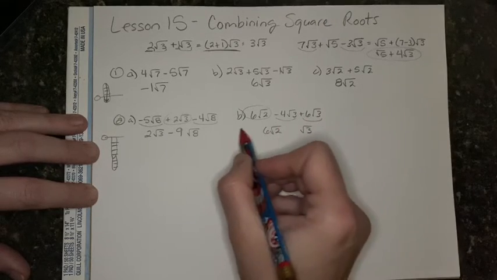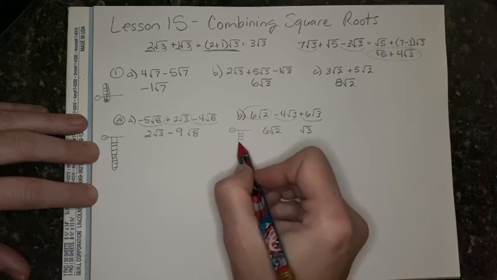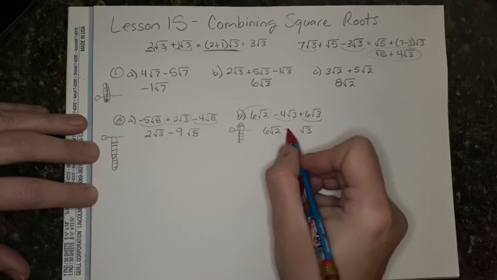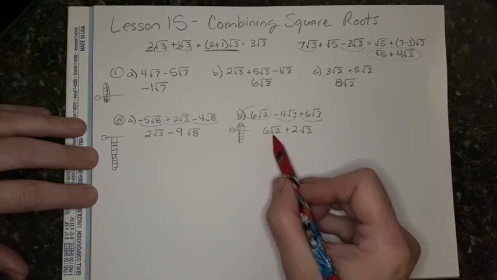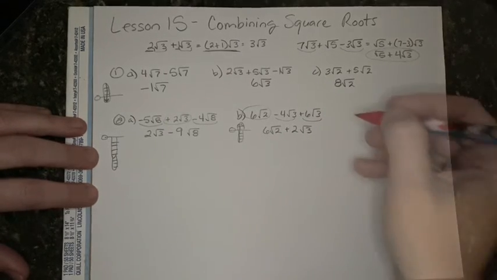Negative 4 plus 6. If we're starting at negative 4 but now we're adding 6, where does that get us? That gets us to a positive 2 times the square root of 3. 6 times the square root of 2 plus 2 times the square root of 3.